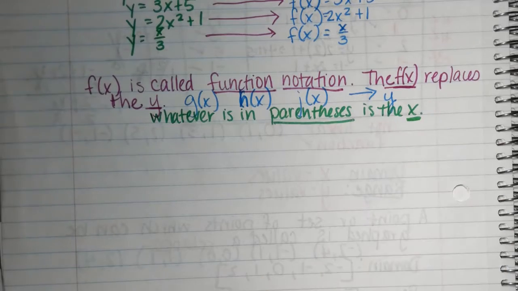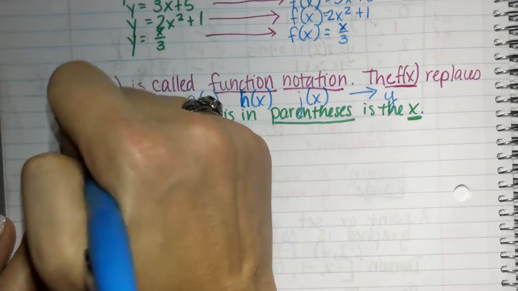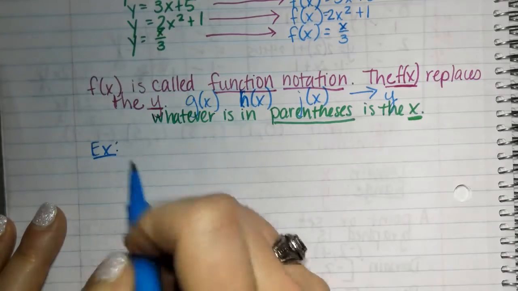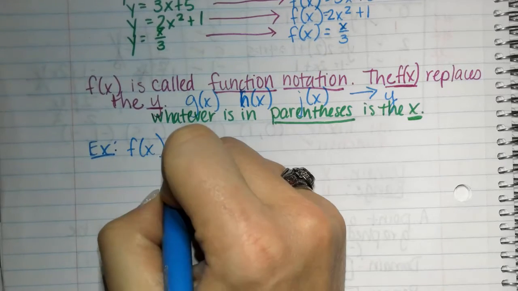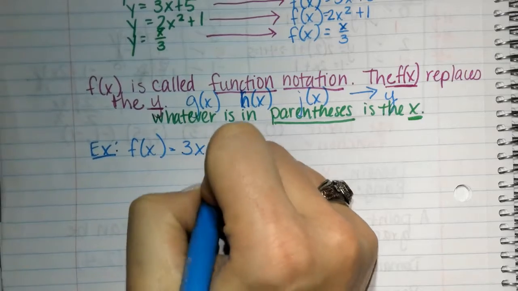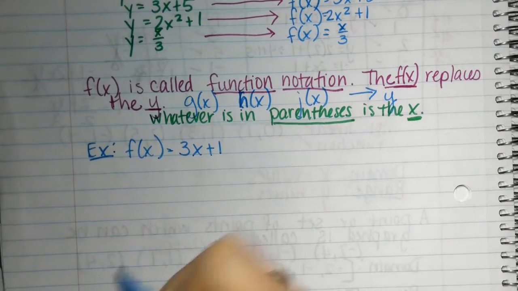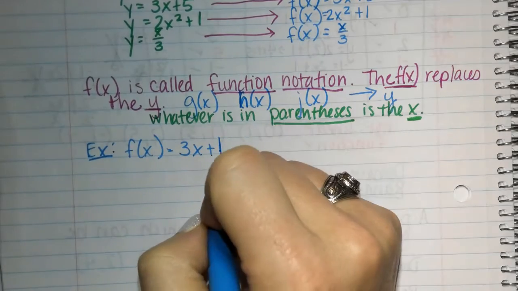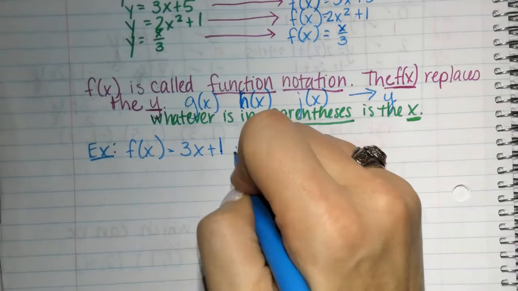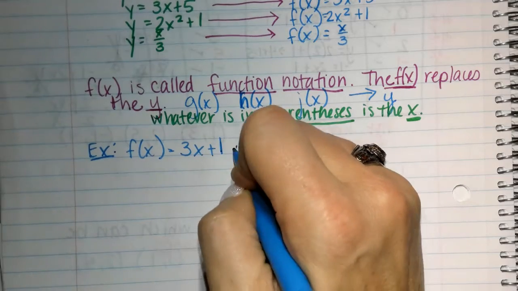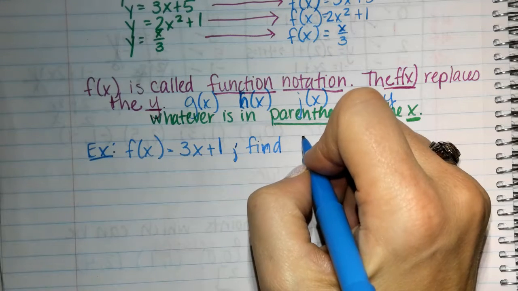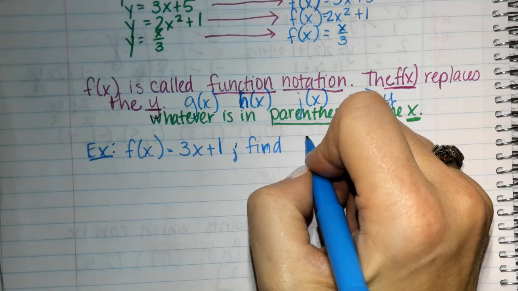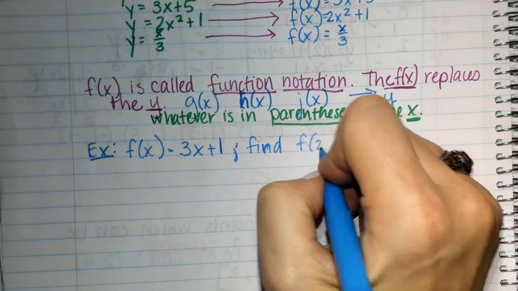So let me give you an example. Here's an example. F of x equals 3x plus 1. And then it might say, find f of 2.